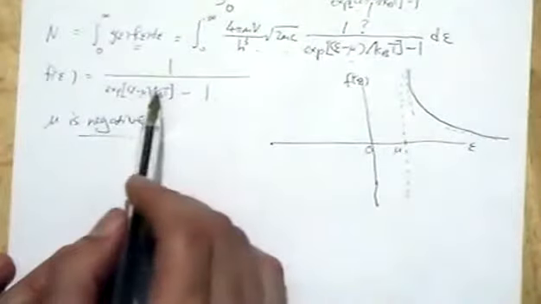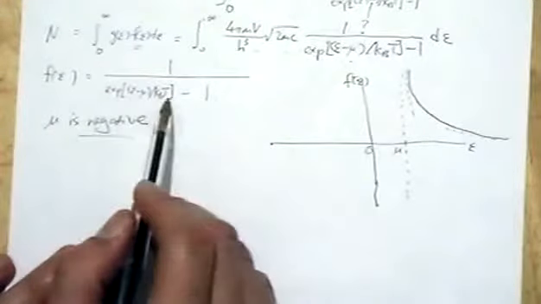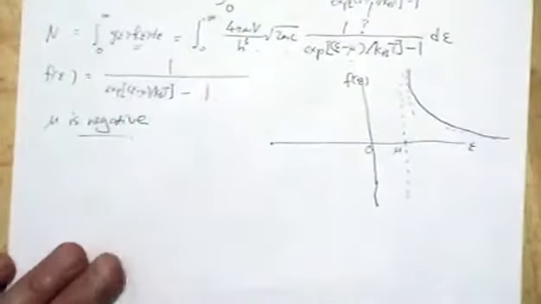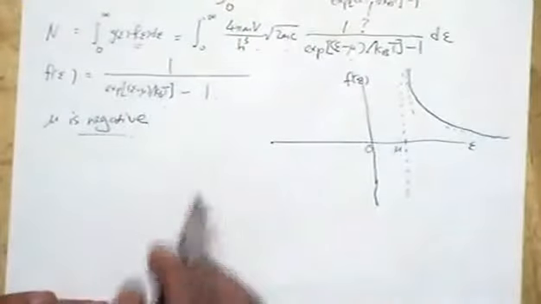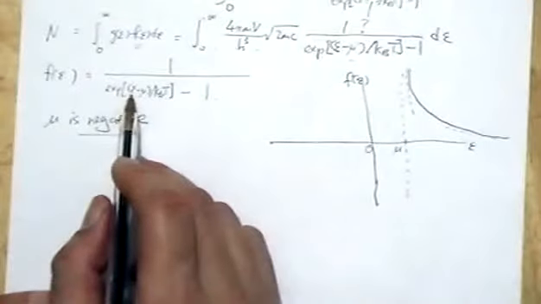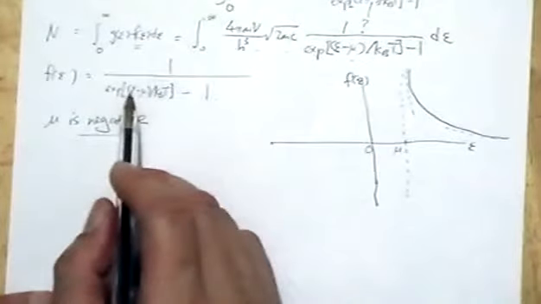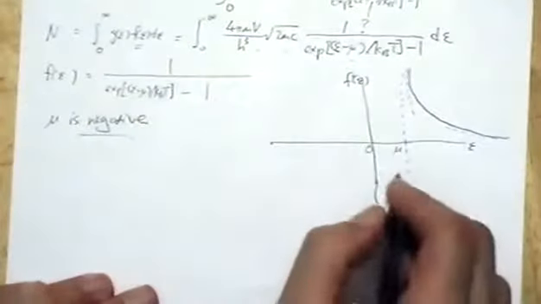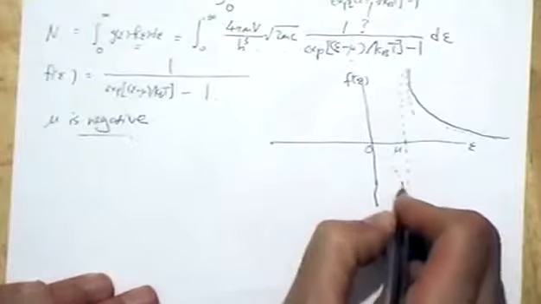So that would tend towards 0, and Fe would tend towards 1 over minus 1. But when E tends towards mu, this gets closer to 0, and e to the 0 is 1, so we expect that it will tend to minus infinity down here.